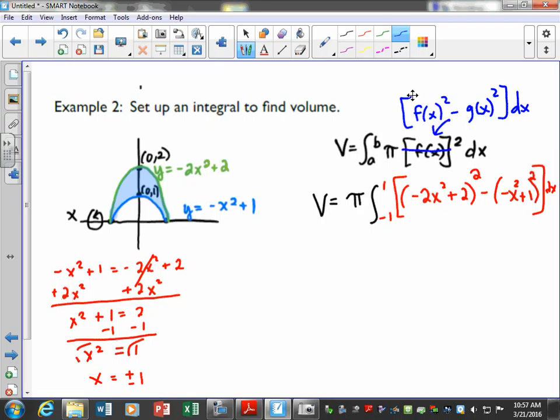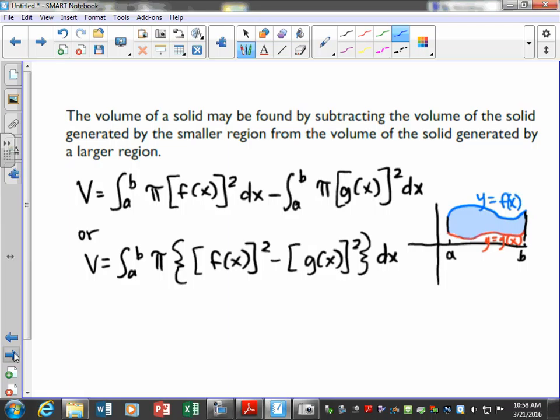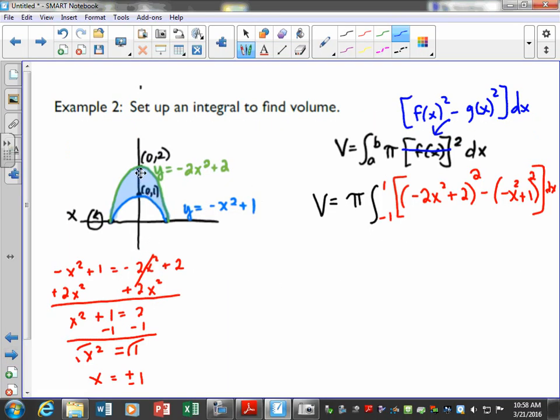In the first case, we had just one function and we were going to the x-axis. When you're given two functions, the only difference is you're going to have the functions subtracted out right there, both still squared, dx.